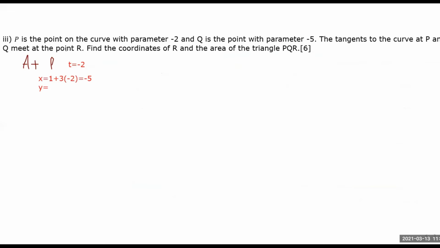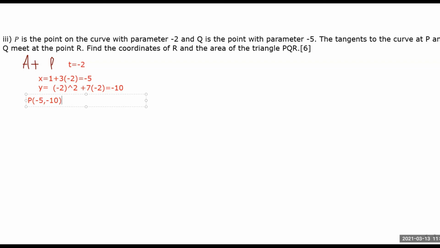So that is -2 squared plus 7 times -2, which is -10. So P is the point -5, -10.